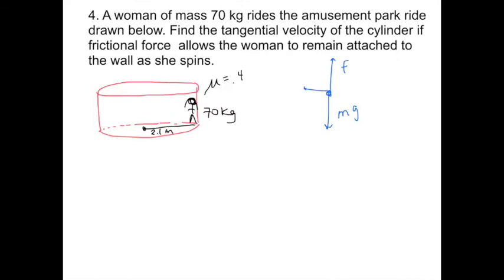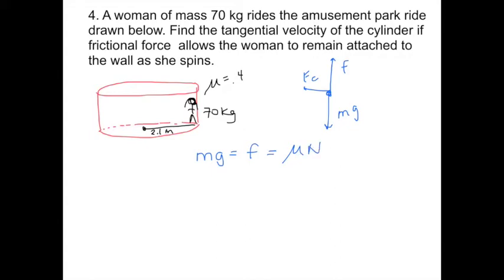And then we'll also have some kind of net centripetal force, because that's what's keeping her in motion in a circle. So let's start by setting these forces equal to each other in the vertical direction, because we know that the woman isn't moving in that direction. So we have mg equals frictional force, which is defined as mu, or the coefficient of friction, times normal force.